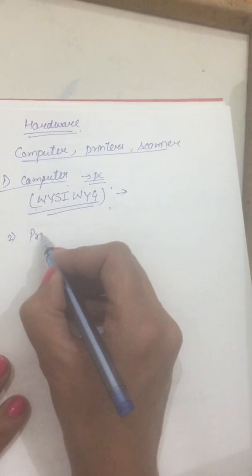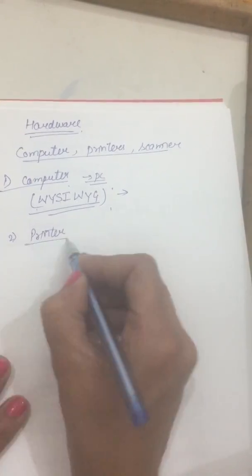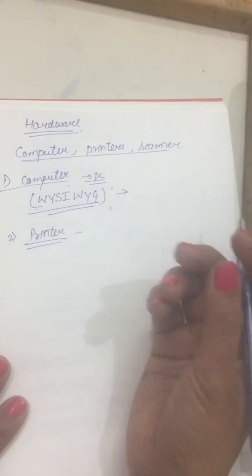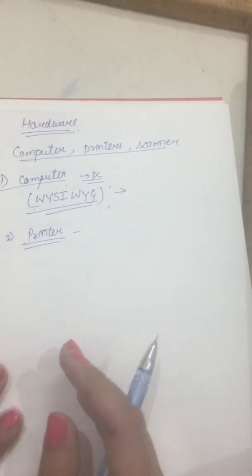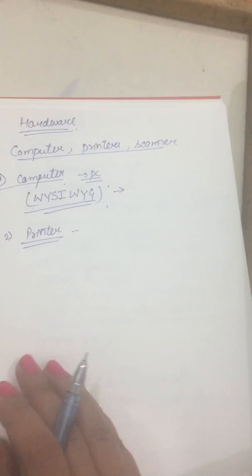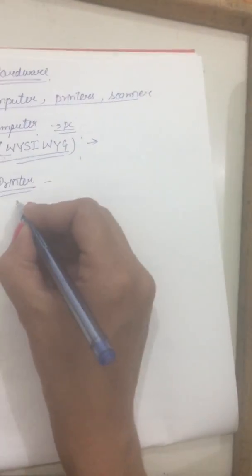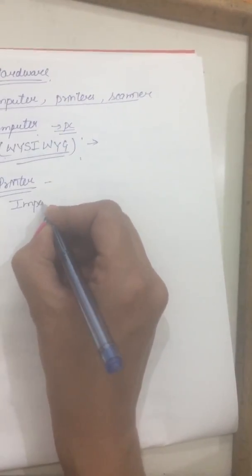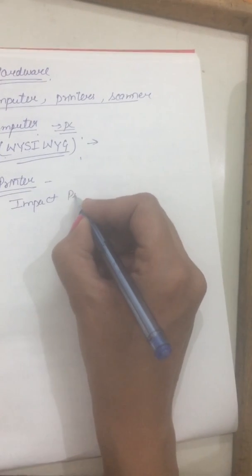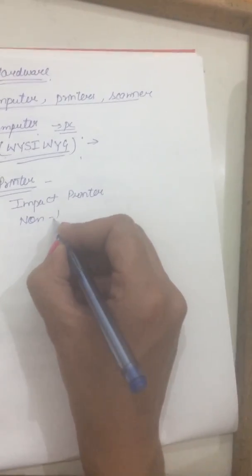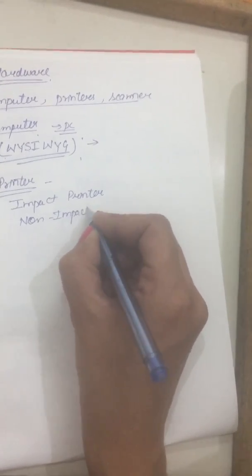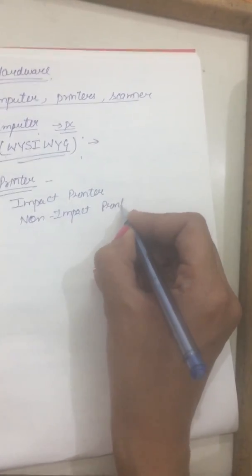Second is the printer. There are different types of printers which are used for the DTP system, most commonly for text and graphics. There are two types of printers: first the impact printers and second the non-impact printers. Printers are only used for the printing purpose.